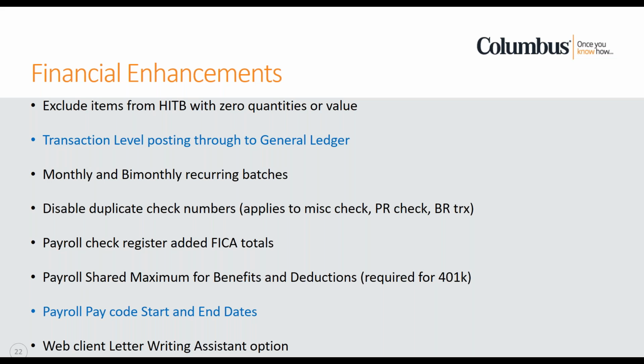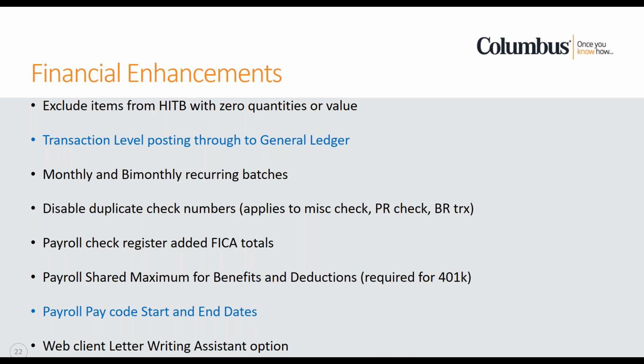And a lot of folks want a transaction level post in the subledger, which means you're clicking the post button on the transaction entry window. So think about entering a payables voucher. You don't want to use a batch. You've just got one or two things. You just want to put them in and post them. Well, if you don't use a batch today, that forces the batch to be created at the general ledger side, and you have to then go post that batch.